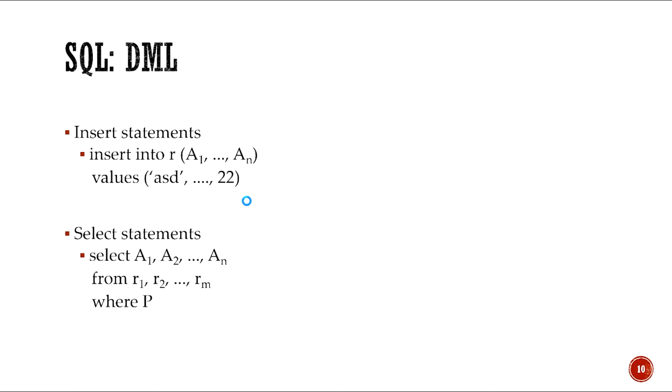And you can see the select statement. So we select attributes A sub 1 through A sub n from R sub 1, R sub 2 through R sub n. So we select these attributes from these tables or relations.